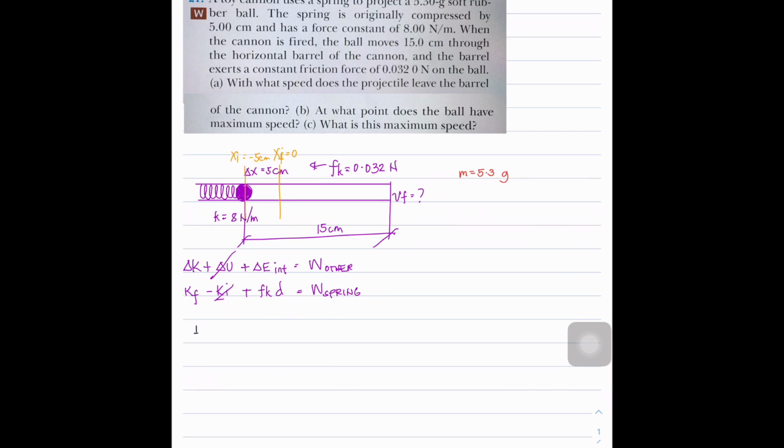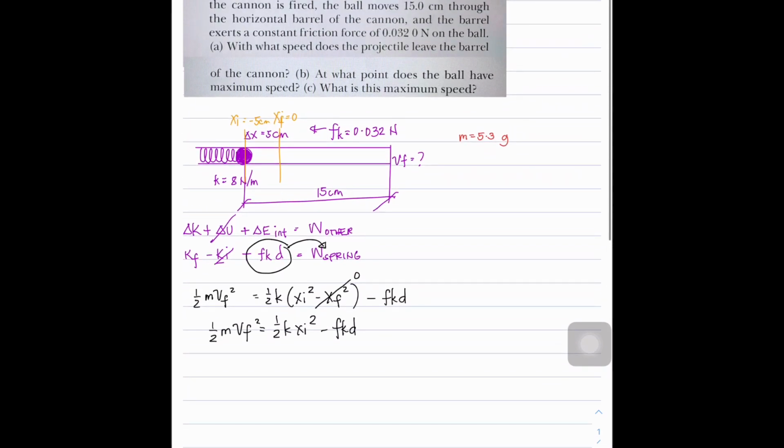So we have 1/2 m Vf squared equal to, I'm gonna transpose this to the other side, the work done by the spring, that's 1/2 k (xi squared minus xf squared), minus fkd. As you see in the figure, xf is 0. So we have 1/2 m Vf squared equal to 1/2 k xi squared minus fkd.